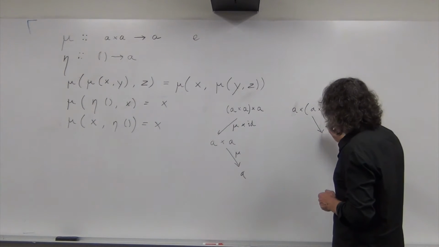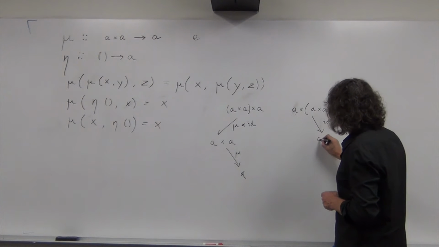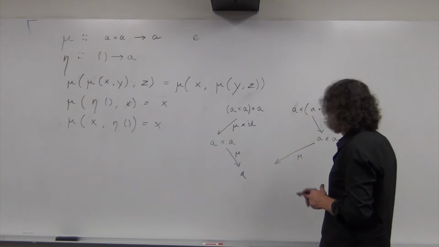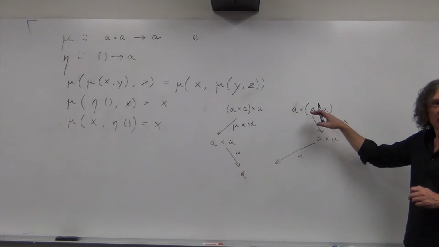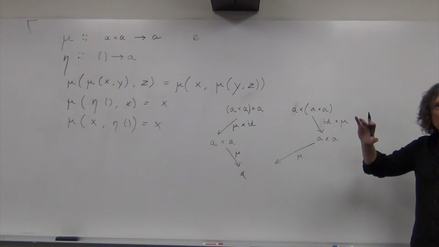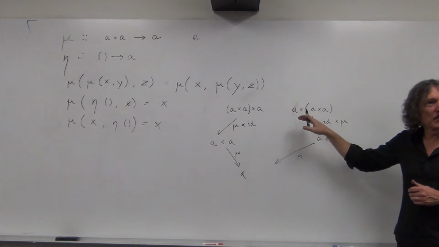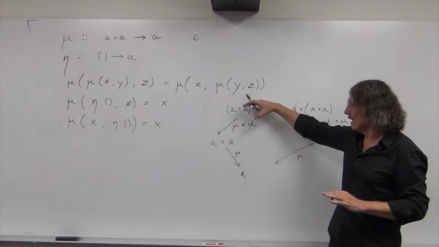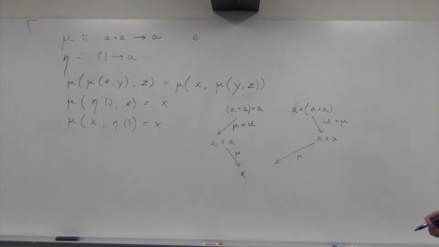And we can act on this using ID cross mu, and we go to A cross A. And then mu will give us A. I'm using the language of pairs, the language of products, whole sets, and morphisms, because I want to do it in a point-free way.